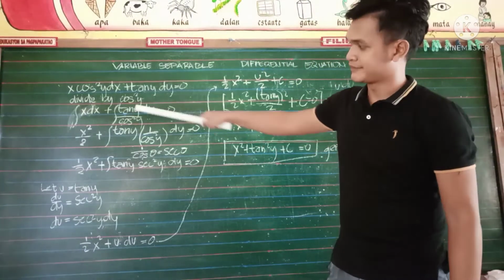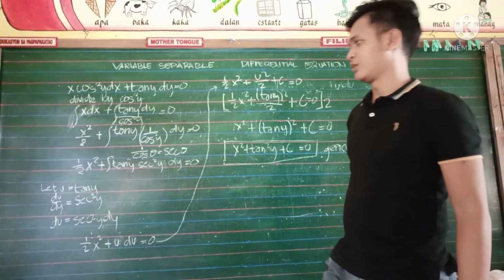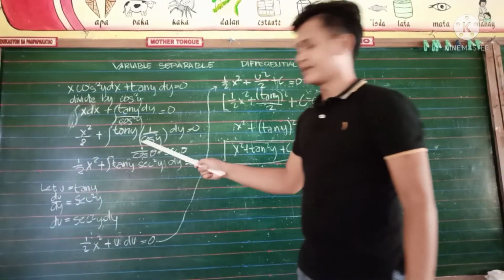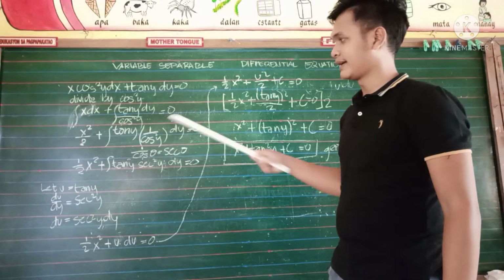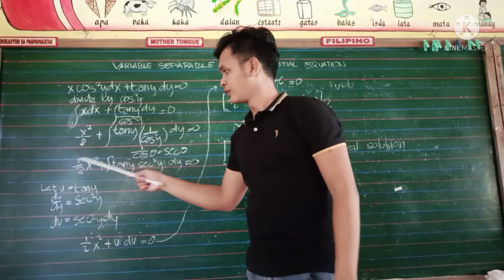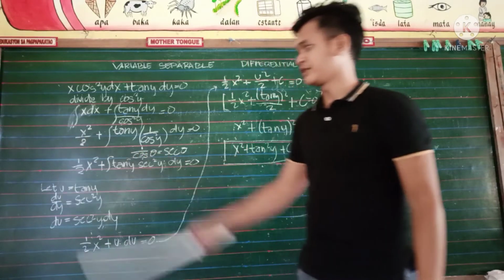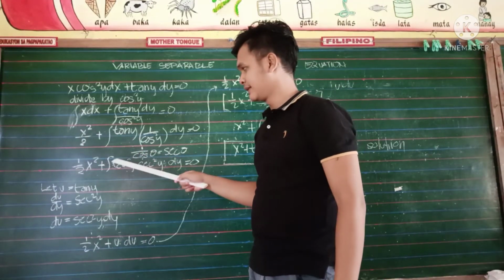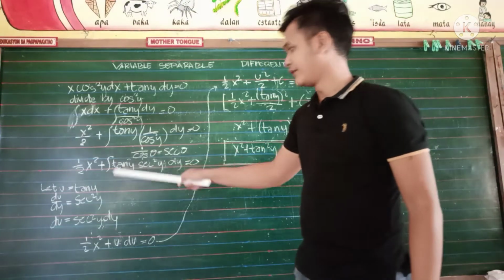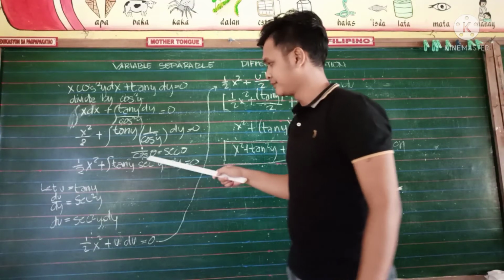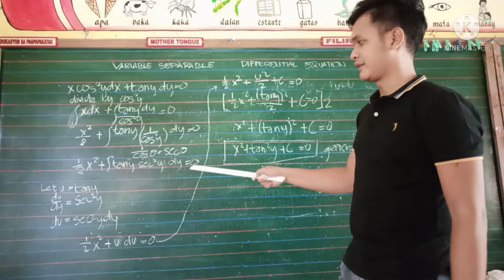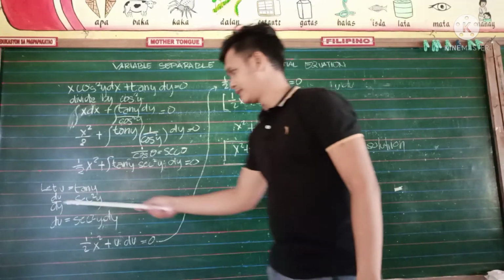It's also the same as this equation. So 1 over cosine squared of y is equal to secant squared of y. So factoring out the 1/2, we have 1/2 x squared plus the integral of tangent of y secant squared of y dy is equal to 0.